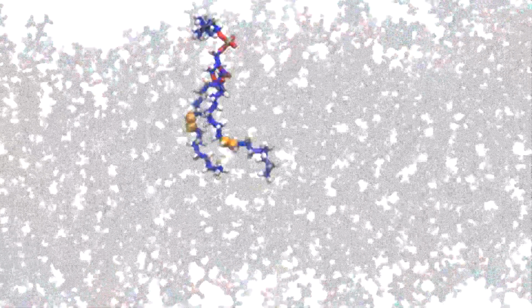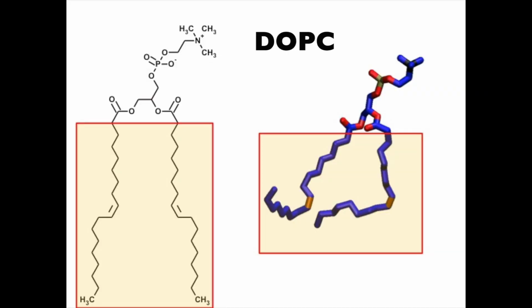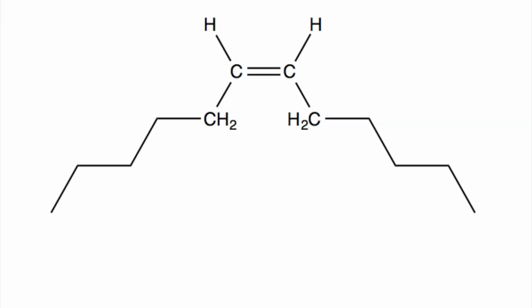Let's consider how the presence of a cis double bond might keep DOPC in the fluid state at low temperatures, where we saw that saturated DPPC molecules packed in ordered rows. We see first of all that the cis geometry leads to a bend in the chain. That could complicate packing into an ordered crystal, but that doesn't explain how floppy the DOPC tails appear to be. Let's consider dihedral angles again.